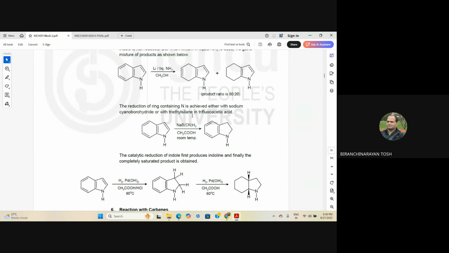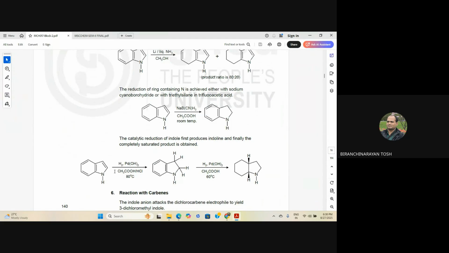But if we are taking sodium cyanoborohydride or triethylsilane and trifluoroacetic acid, the nitrogen containing 5-member ring will be hydrogenated. But when you are taking hydrogenation, direct hydrogen gas in presence of a catalyst like palladium hydroxide, then both the 6-member ring and the 5-member ring containing nitrogen, everything will be reduced or saturated.